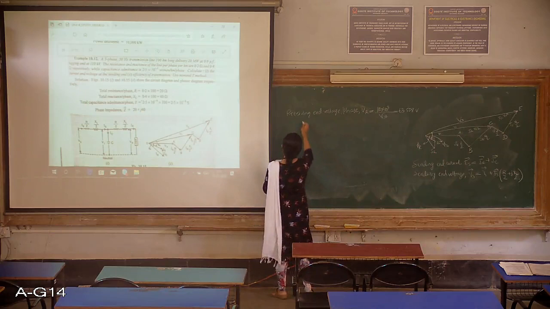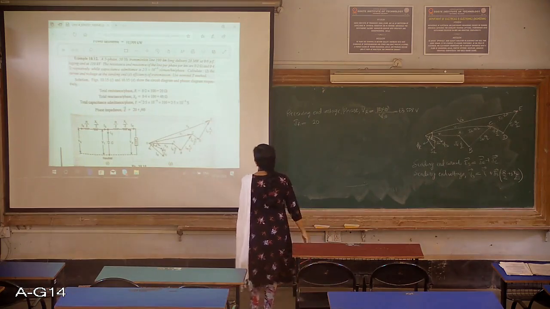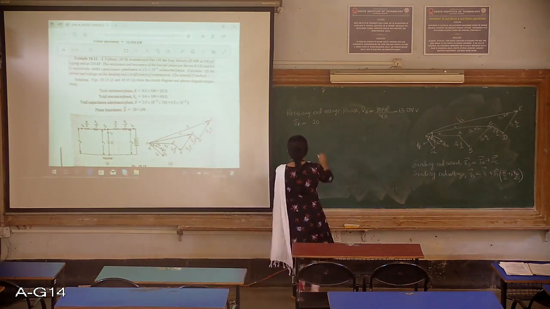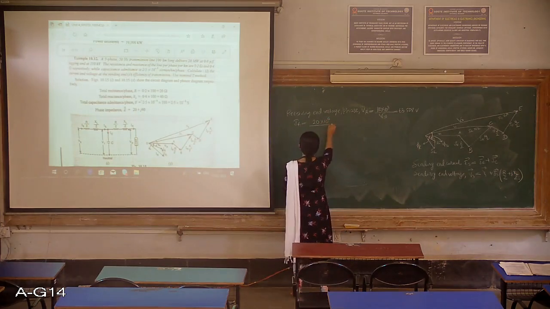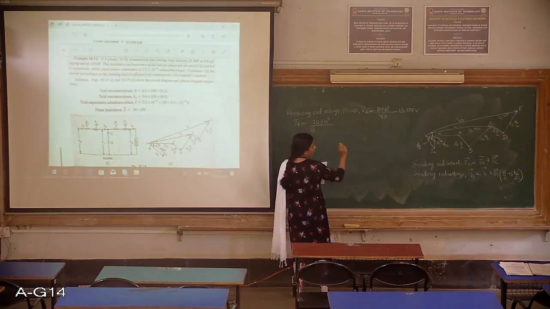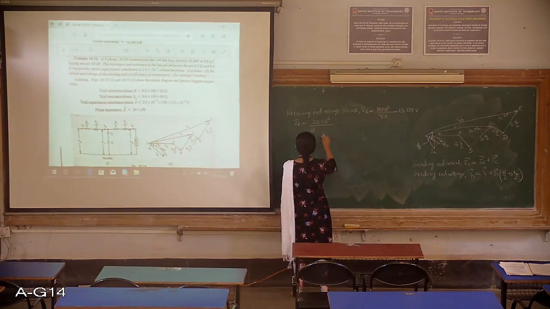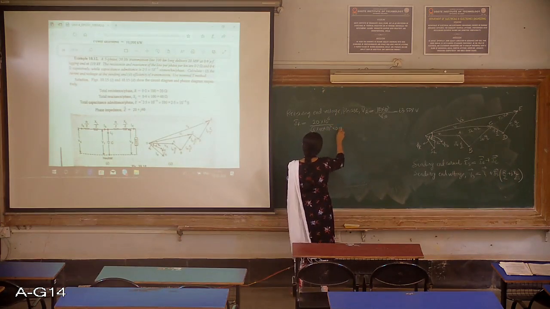Then you calculate IR. They have told it is 20 megawatts. So load current IR is 20 into 10 raised to 6, divided by root 3 V I cos phi, that you have to remember, into 110 into 10 raised to 3 into 0.9.